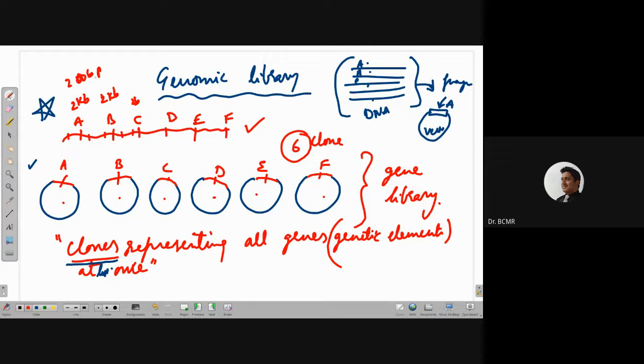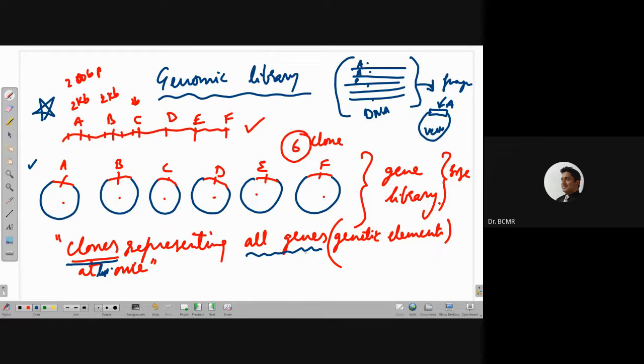So if you have very small fragments, then the gene library size will increase big. That means the number of clones you should have to be able to represent all the genes will be higher. If you didn't understand the point here, it's all right. We will discuss again some other time. I hope you grasped a little bit.